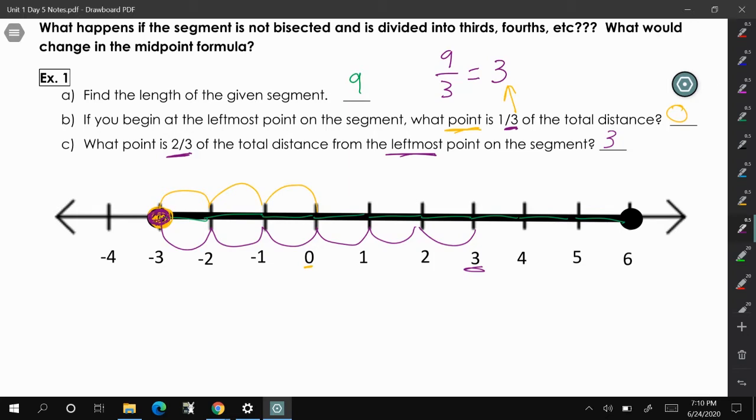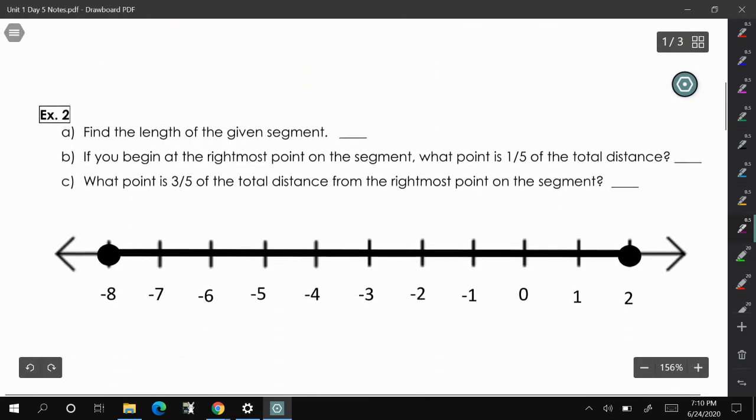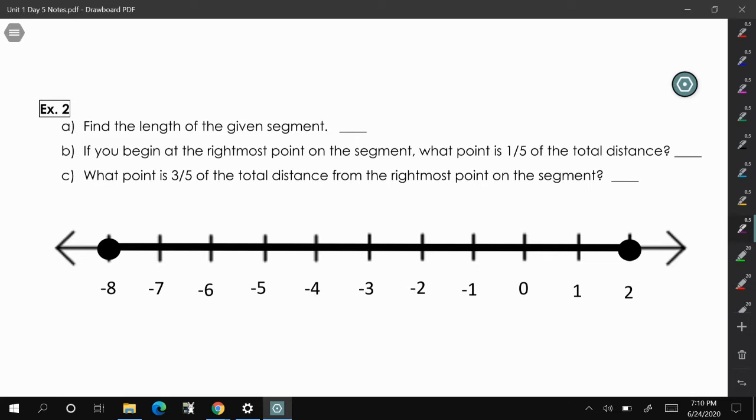All right, let's move on to example number 2. We have a segment. Let's find the length of it. So let's count again. 1, 2, 3, 4, 5, 6, 7, 8, 9, 10. So it's 10 units. If you begin at the rightmost, okay, so last time we were talking about the left part, we start at the leftmost point, now rightmost.